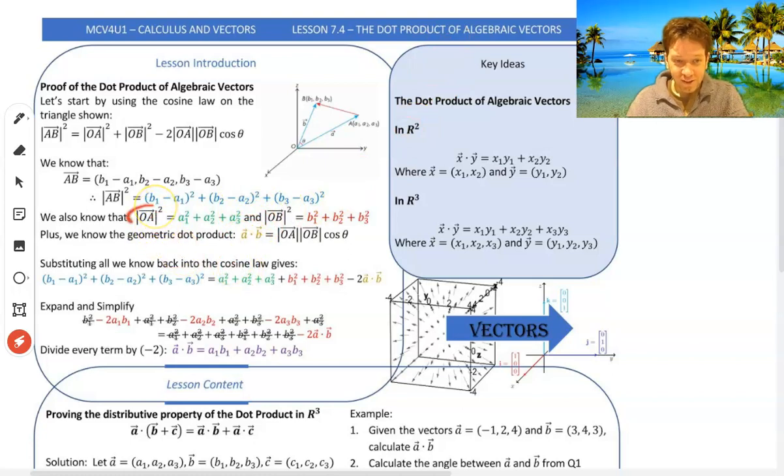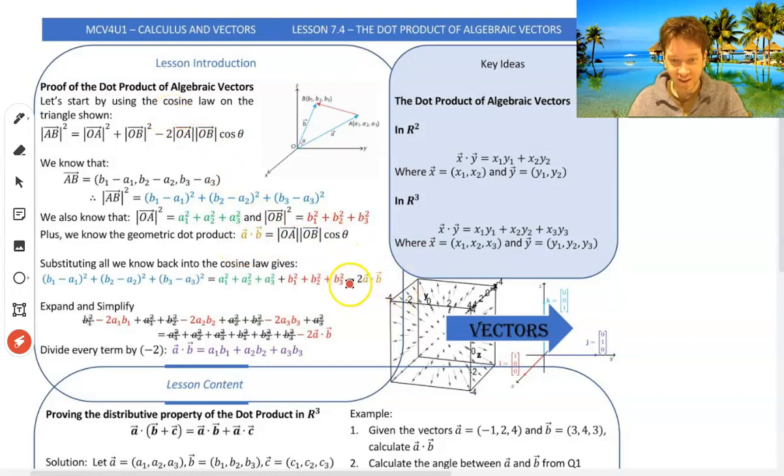Similarly, we can write the magnitude of OA squared. Since it's A1, A2, A3, we just write A1 squared plus A2 squared plus A3 squared, and the same thing with OB squared. And lastly, this right here is our equation for the geometric dot product, which equals A dot B. Now I'm going to take this and substitute A dot B back into our cosine law right here.